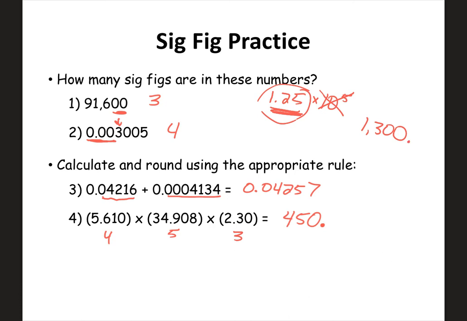Well, you can't do that because you now have 4 sig figs. Some people say, well, I'll just make it a different number. I'll just make it 130 decimal place. There's my 3 sig figs. Well, the problem is you just made 1300 become 130. So that does not work.